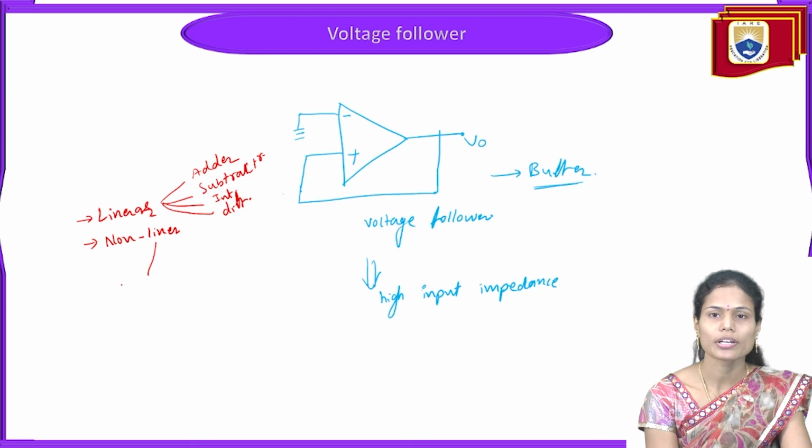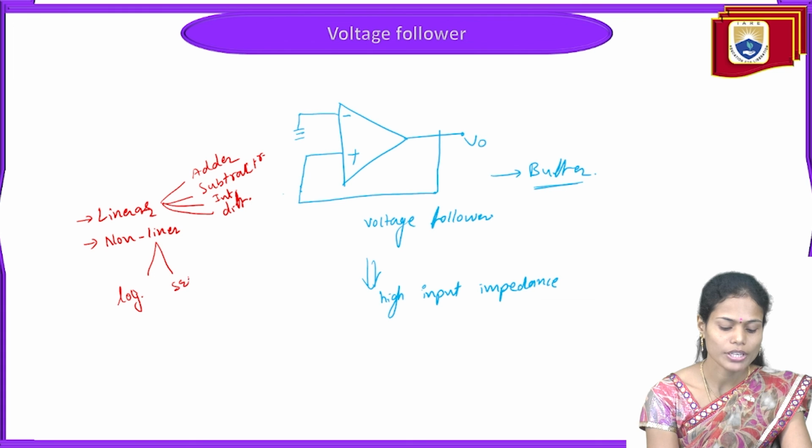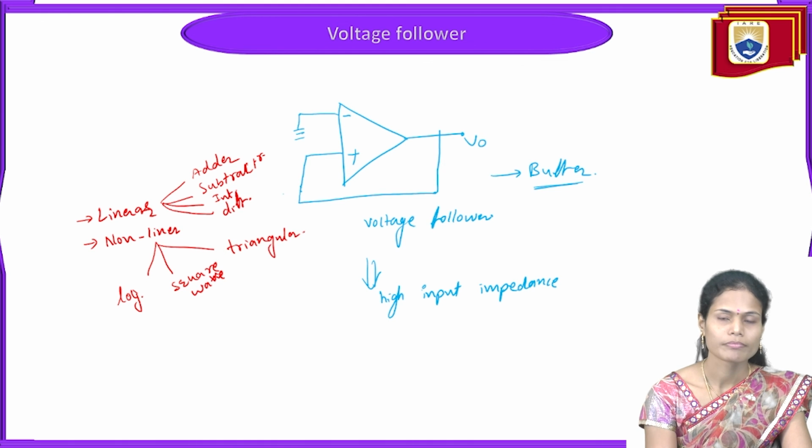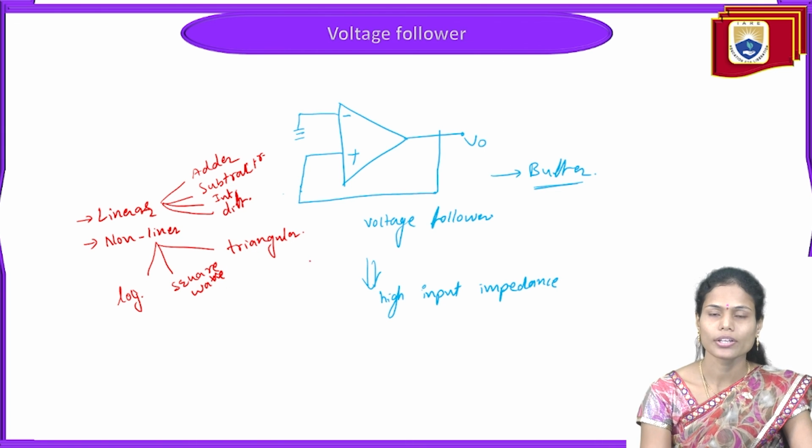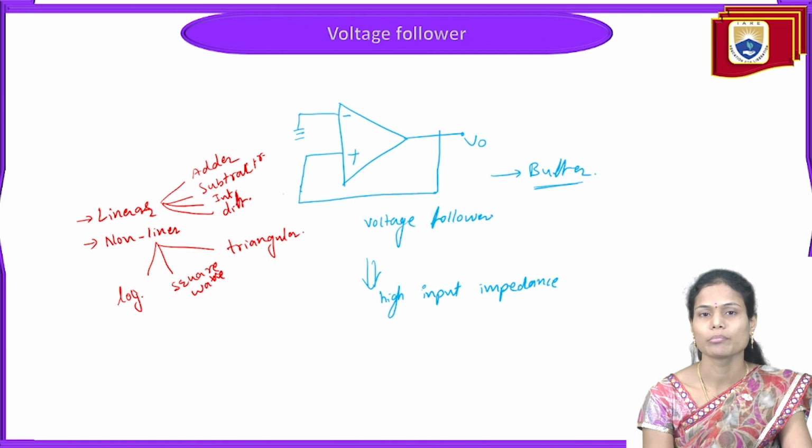Coming to the non-linear applications: logarithmic amplifiers and all the waveform generators, that is the square wave generator as well as the triangular wave generator, and different types of Schmitt trigger circuits and astable multivibrator circuits all come under the non-linear applications of the operational amplifier. The specialty of the operational amplifier is that it can be utilized in all linear as well as non-linear applications, and it can amplify both AC as well as DC signals.